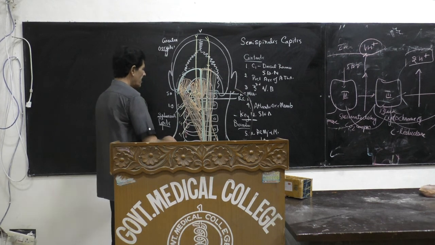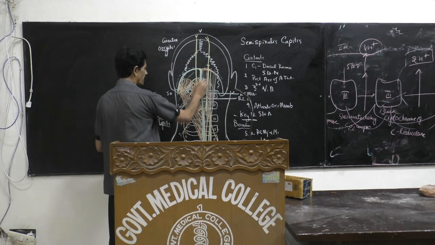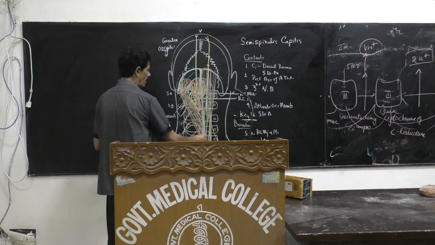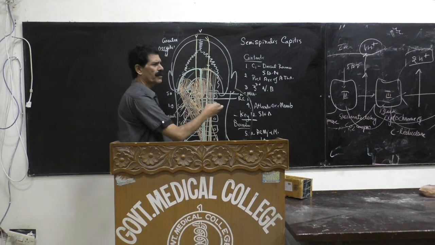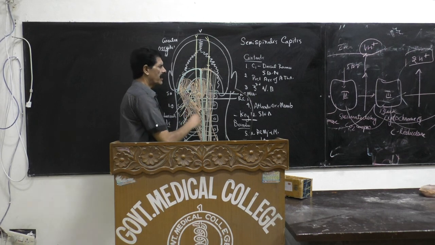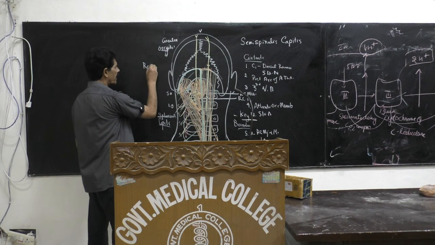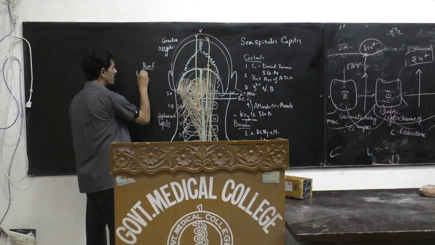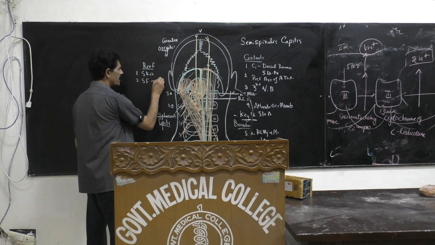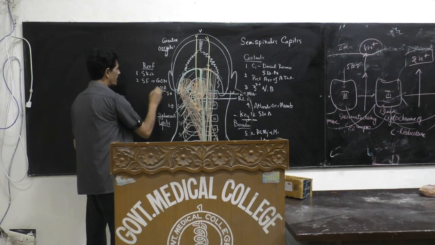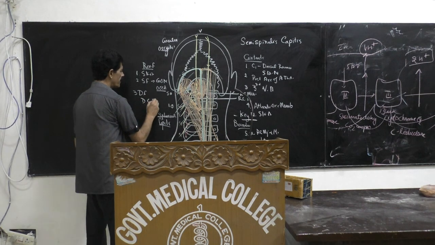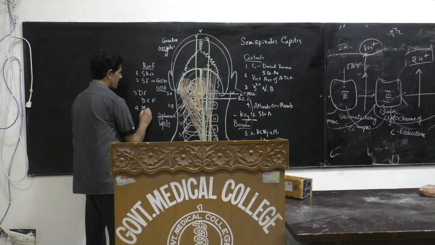So they are all covered by the deep fascia. On the deep fascia there is the superficial fascia, and on the superficial fascia lies the skin. All these structures form the roof of the suboccipital triangle. The roof is formed by the skin and the superficial fascia, which contains the greater occipital nerve and occipital artery laterally. And then the deep fascia, the deep cervical fascia, and then come the muscles.